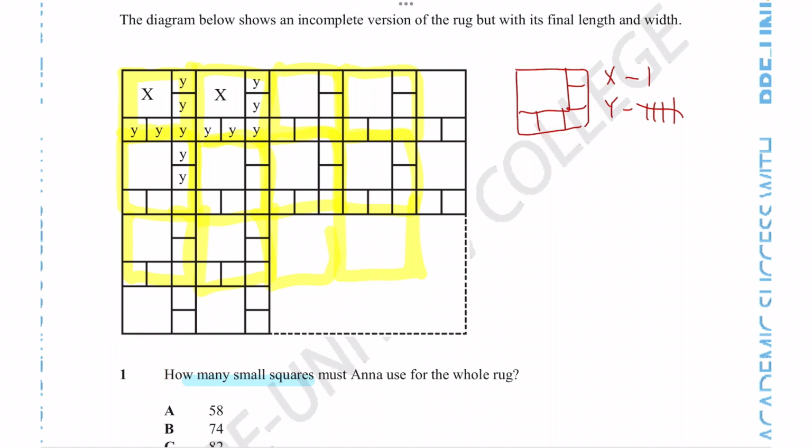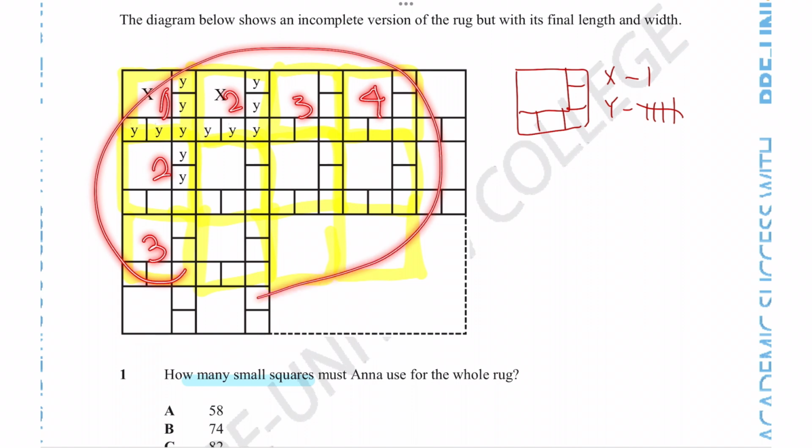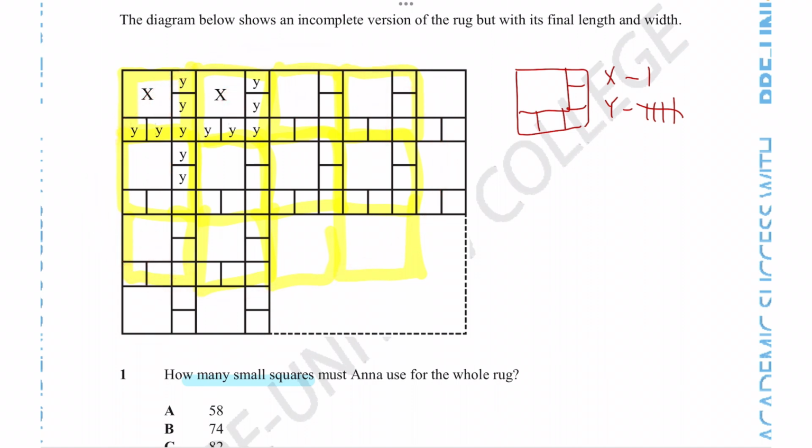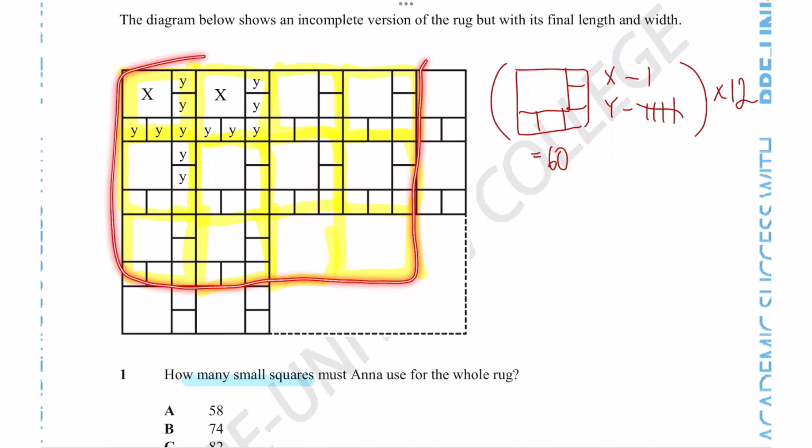So for now, we can quickly calculate that since there were 1, 2, 3, 4 and 1, 2, 3, there's going to be 12 of these large squares in total. Since we're only concerned about the smaller squares, 5 times 12 is equal to 60. So 60 small squares have been used in this part of the design.